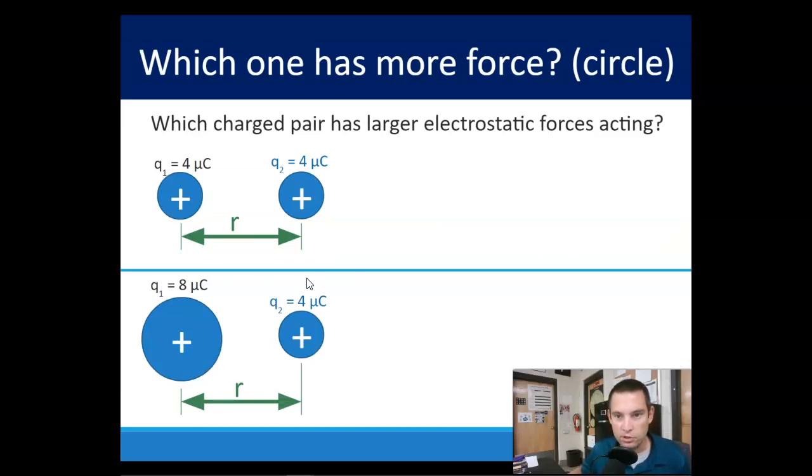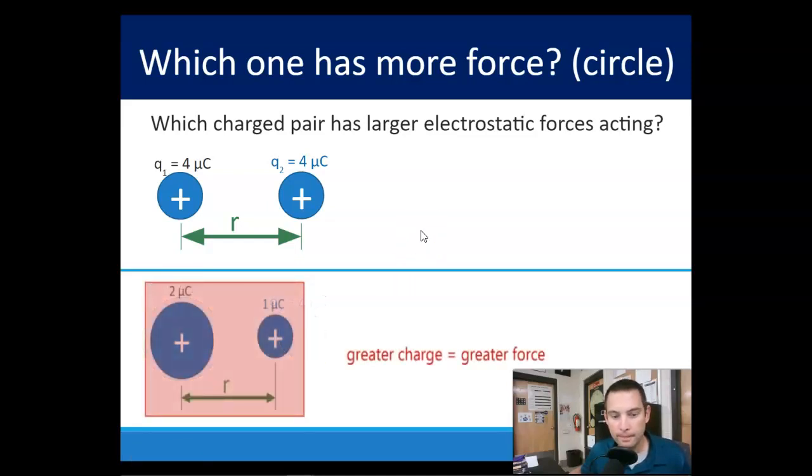Meanwhile, which charge pair has a larger electrostatic force acting? We have two equal charges, distance r, and then we have one charge that has a greater total charge, same distance, r. Greater charge is the greater the force.